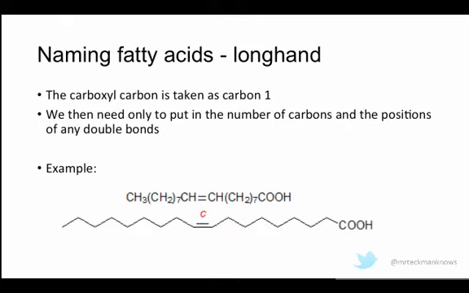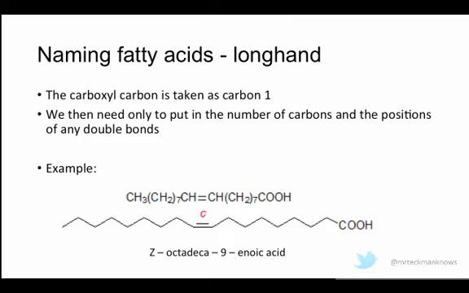So 18 is octadeca. We have a cis bond, which is a Z. The cis bond is in the 9th position, so we have Z octadeca 9-enoic acid. Remember that an enoic acid at the end. If it was fully saturated, we wouldn't have to worry about the number. It would just be octadecanoic acid.